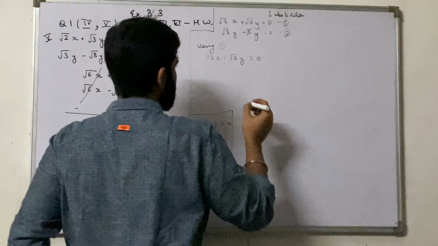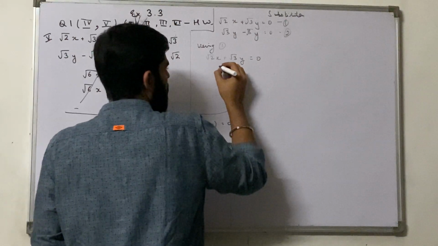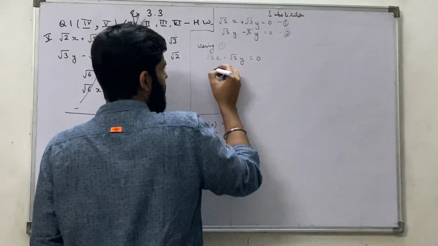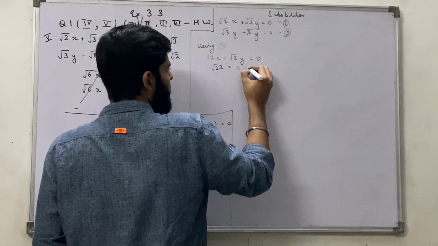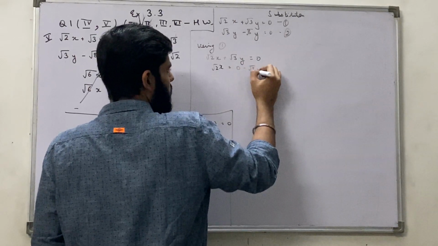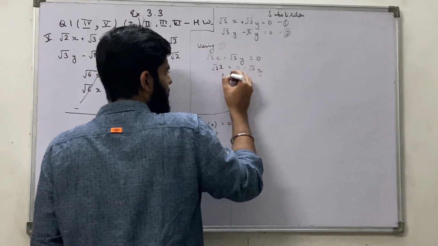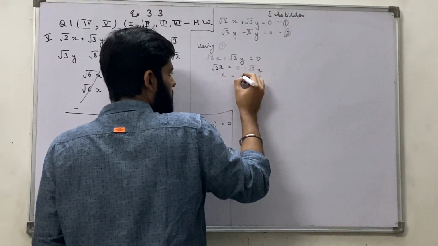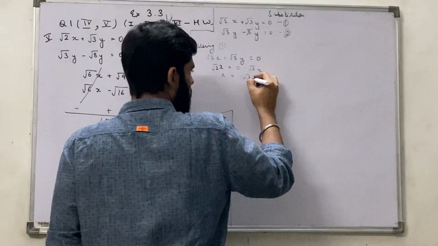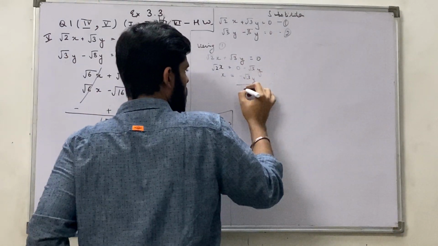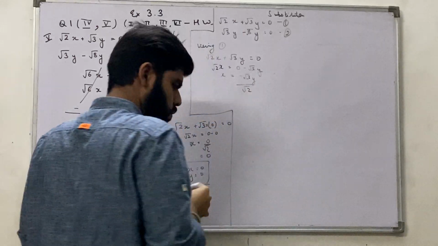Therefore under root 2x is equal to 0 minus root 3y. Therefore we can say that x is equal to minus root 3y upon root 2.